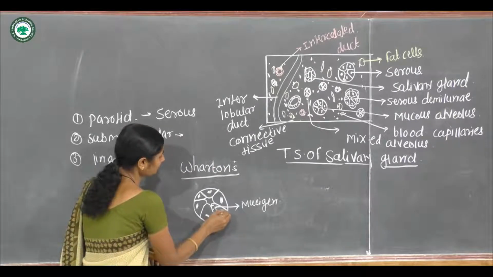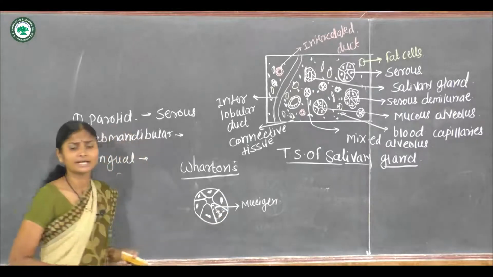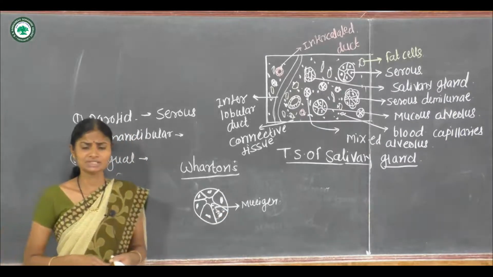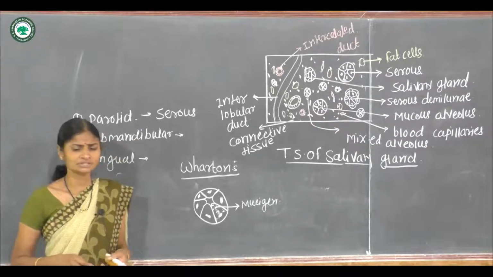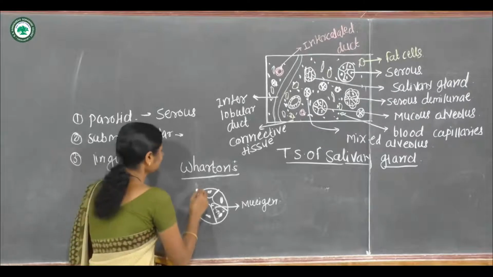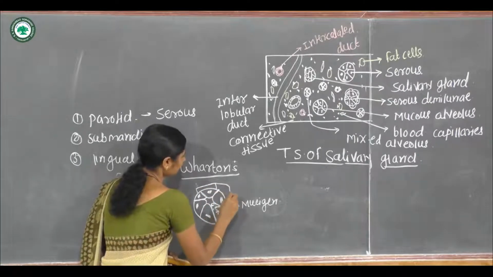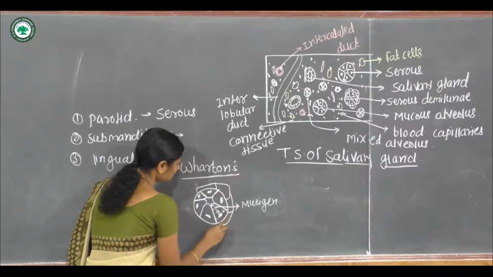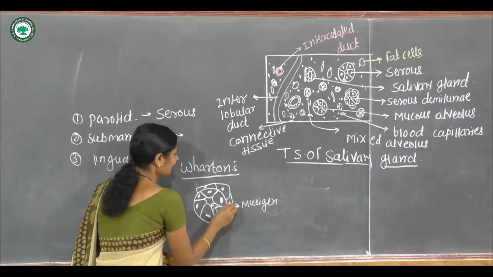Rough endoplasmic reticulum is present, but it is less in number, and serous demilunes are present in the mucous cells. Crescentic shaped serous demilunes are present along with the secretory granules.